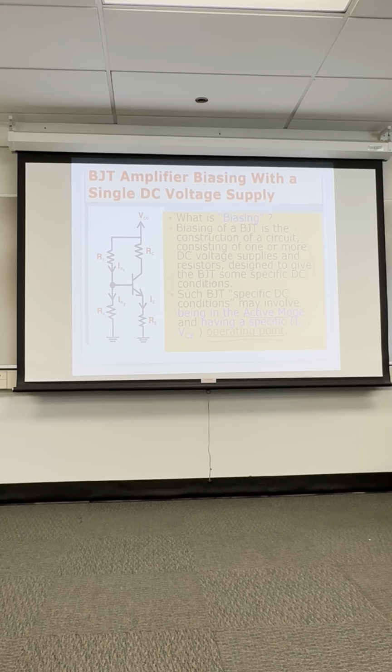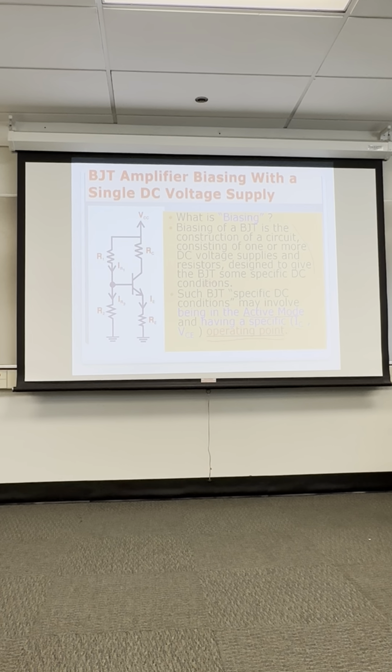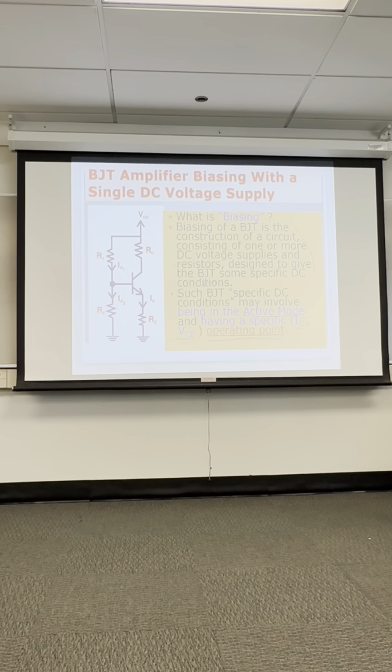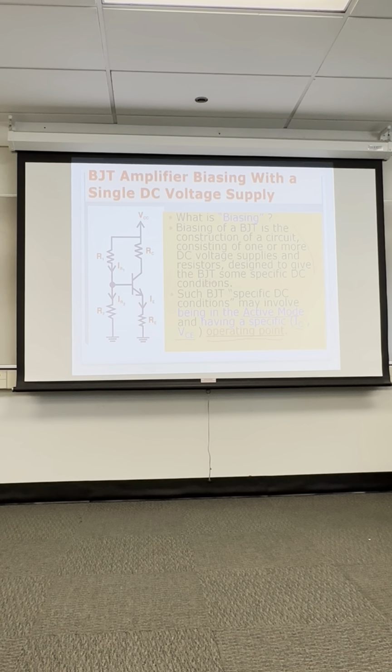When we use the word active mode, we're talking about a specific collector current and a specific collector emitter voltage. When we have those two, then we can set the transistor up to be in active mode. Literally, there are hundreds and hundreds of operating points.